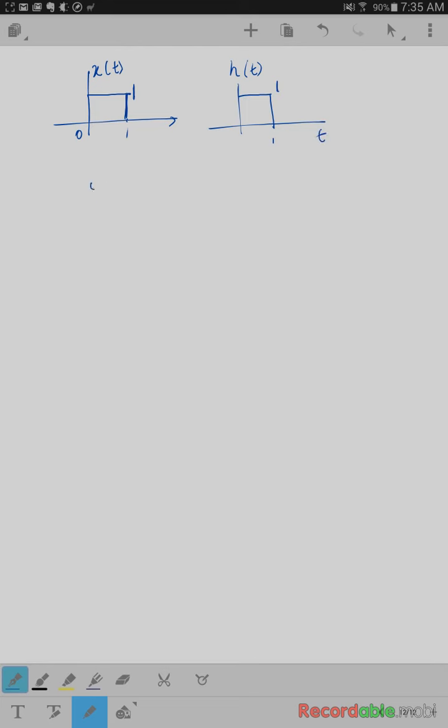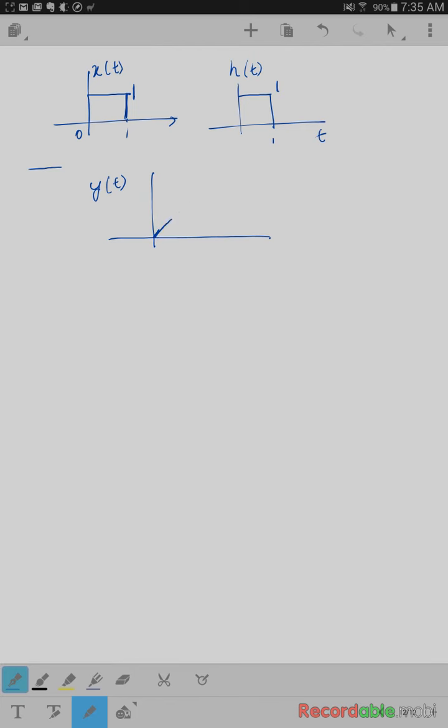And if you compute the output y of t, what do you think it's going to look like? The answer is that you flip h of t to h of t minus tau, and then you bring it in from minus infinity. The area starts becoming non-zero when t equals 0.